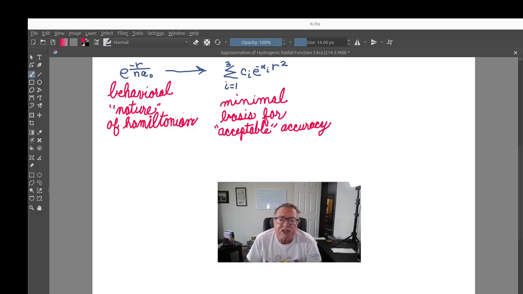Now the basis, if you notice, it involves a summation of exponentials. And it turns out that using an r squared term rather than an r term actually gives you a way of using a product theorem, so that if you multiply two of these things together, you end up getting the same type of thing. And this thing is called a Gaussian.